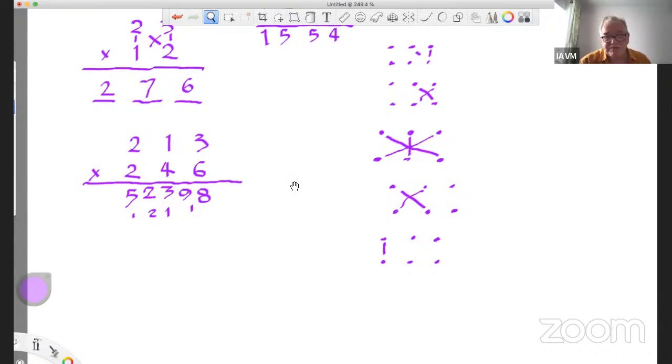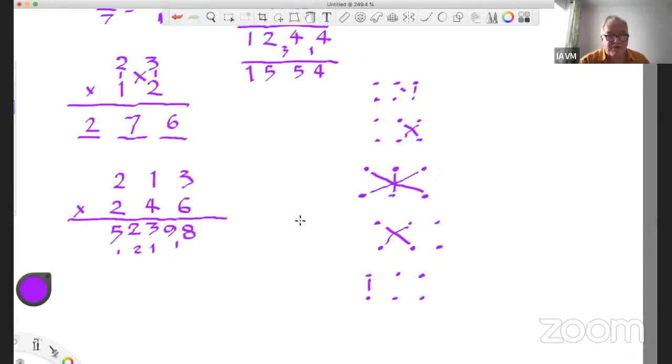Now I'll come back to this 23 times 12. The algebraic equivalent of that is 2x add 3 multiplied by 1x add 2.